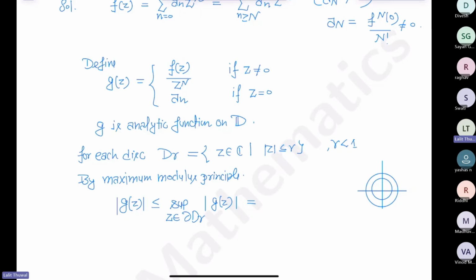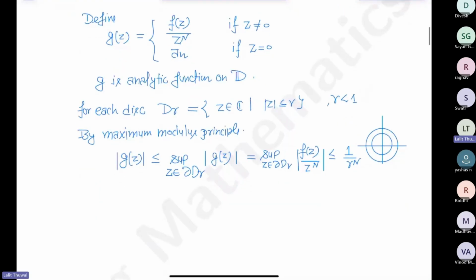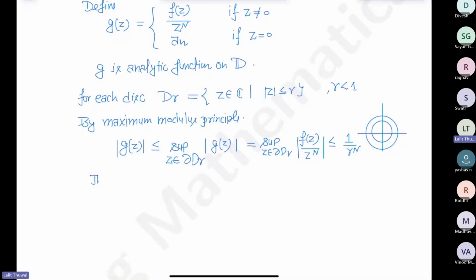So I can write that there exists a z_r where the supremum is attained. So this will be mod of f(z) over z to the power n, right? But mod of f(z) is less than or equal to 1 and mod of z is less than or equal to r. So you get this, right? This holds for each r.